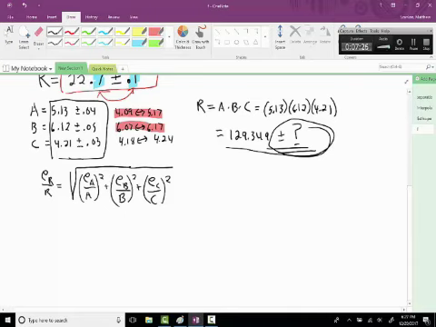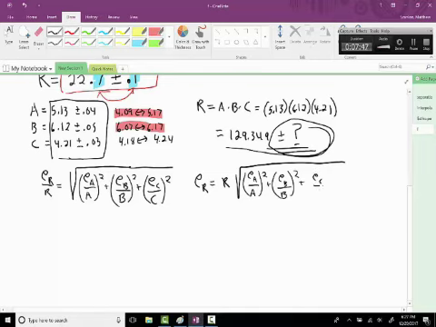And so I'm going to rearrange the equation. The error in R is equal to R times the square root of the error in A divided by A squared, plus the error in B divided by B squared, plus the error in C divided by C squared. So now I just plug in my numbers.